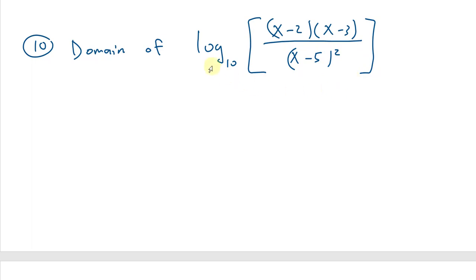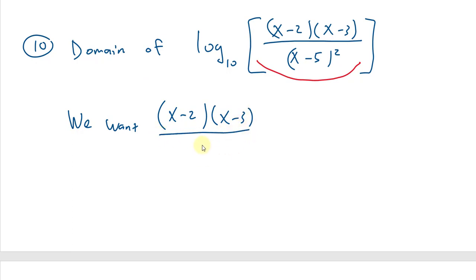Okay, so again, the domain of this one, you want the argument inside the logs to be bigger than 0. That means we want the argument inside here, this whole thing inside the log, the argument of the log, to be bigger than 0.